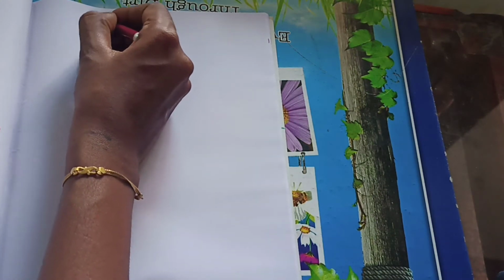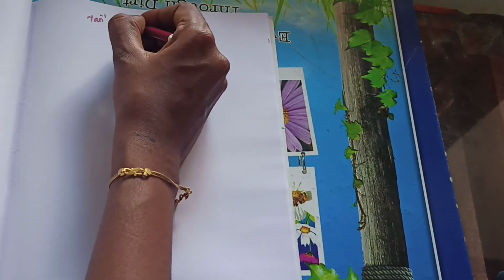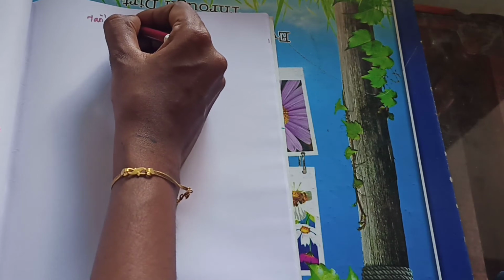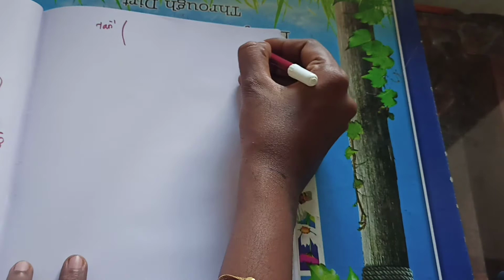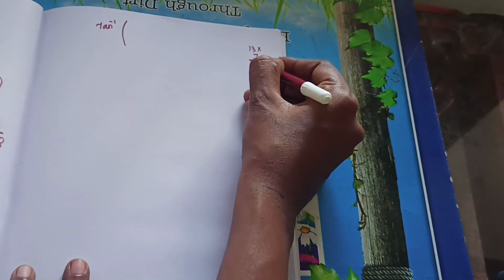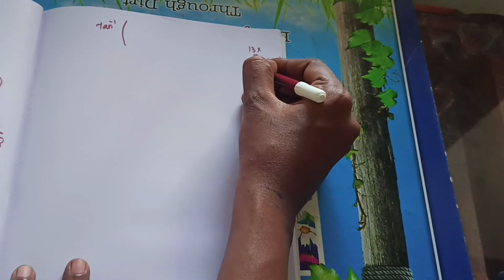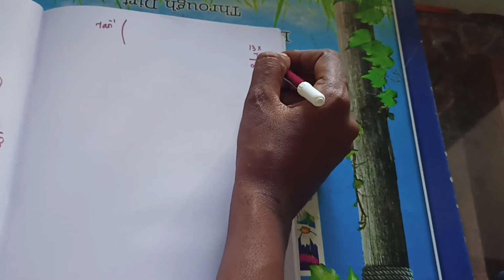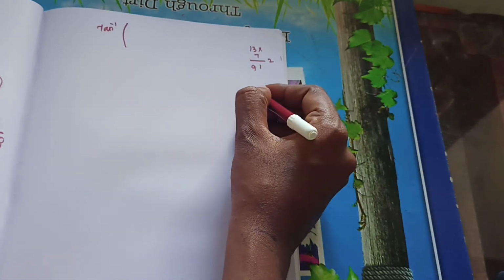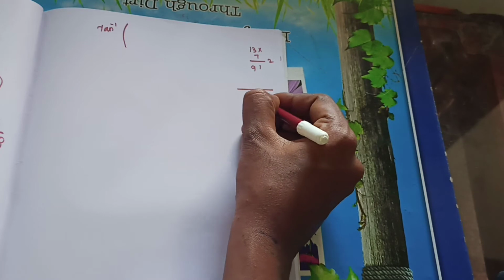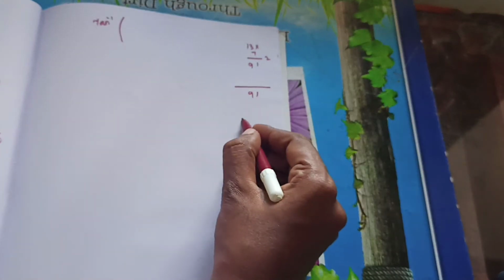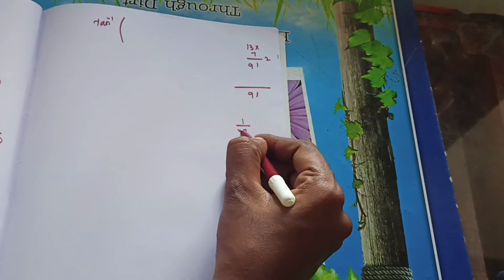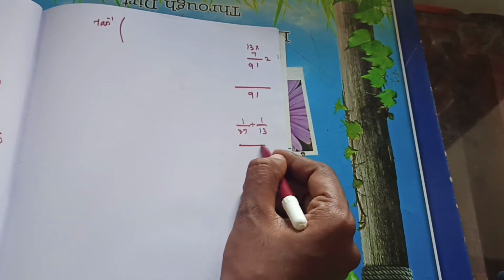I am writing the numerator again. Tan inverse of, what's the numerator? The denominator is 7 into 13, so 13 into 7 is 91. So the LCM is 91. We are going to simplify the numerator first. 1 by 7 plus 1 by 13. The LCM is 91.